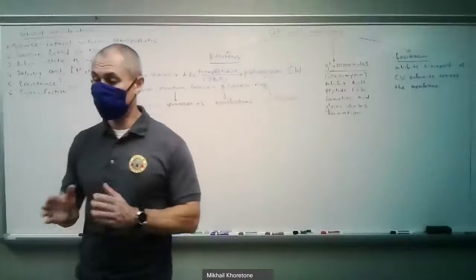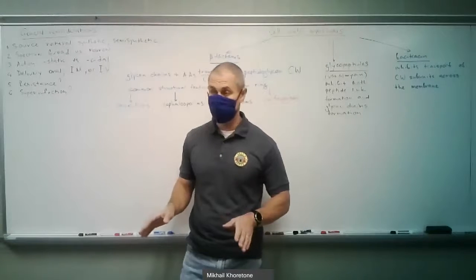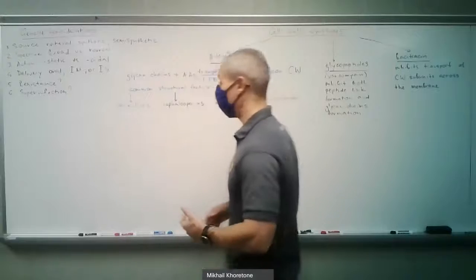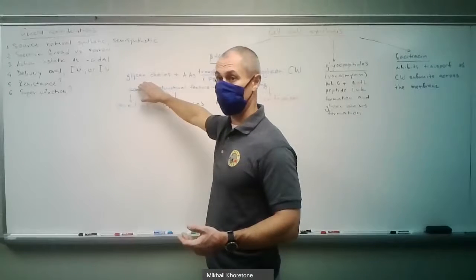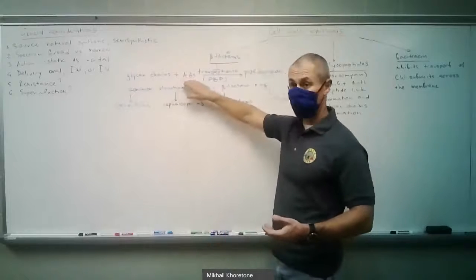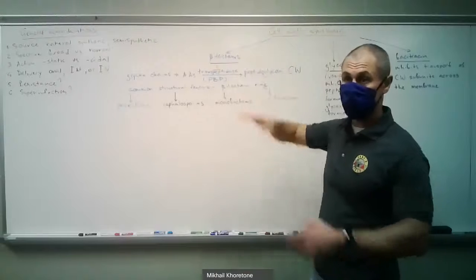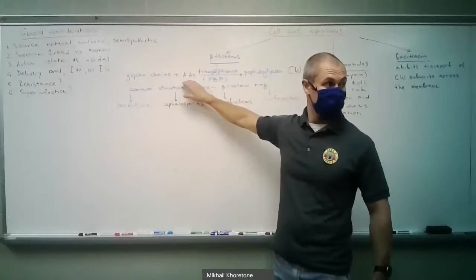First of all, let me give you an analogy which I think is useful. If you think about the cell wall as being built from bricks and mortar, then all beta-lactams get rid of mortar. Make sense?